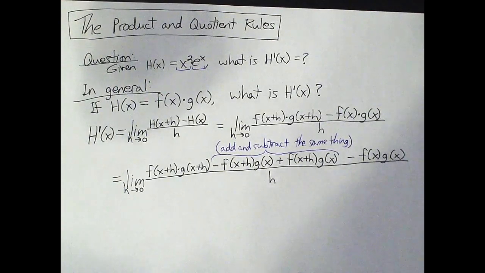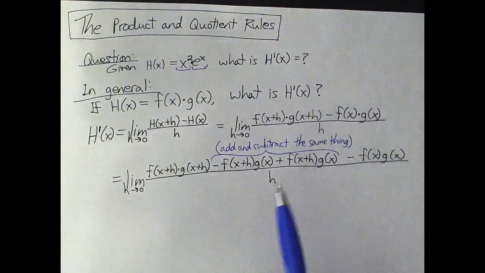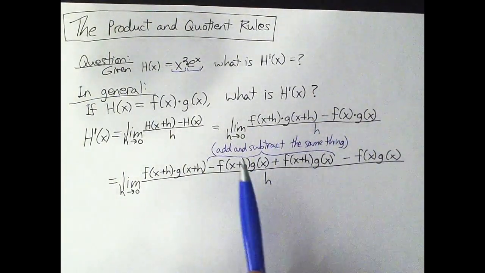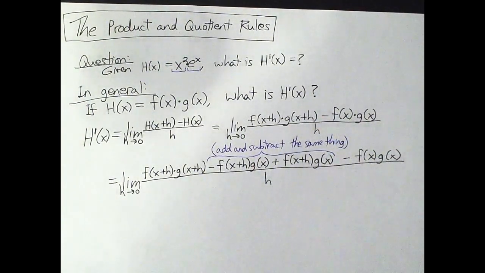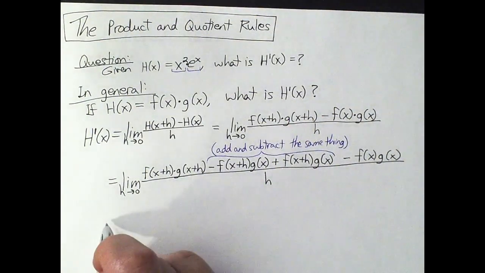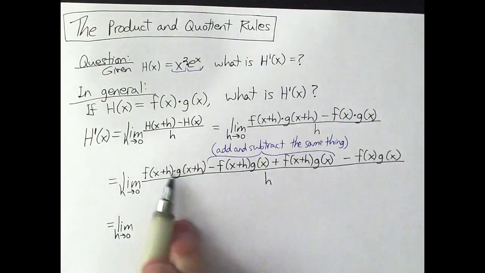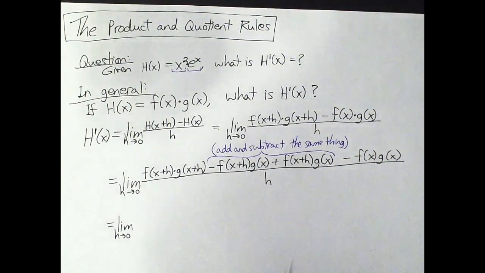It doesn't change what you had, right? It doesn't change what we have if we do plus this minus this. So these lines are still equal to each other. The cleverness about this is going to come up in the next step when we start grouping terms together.